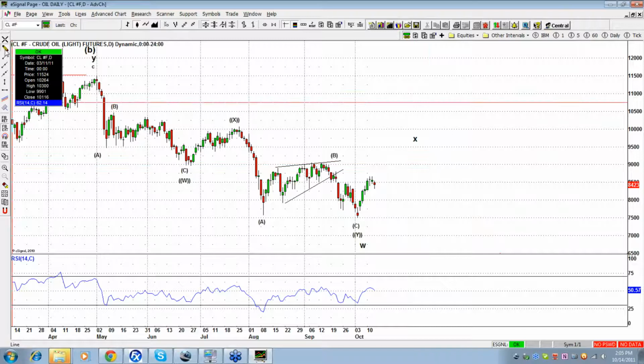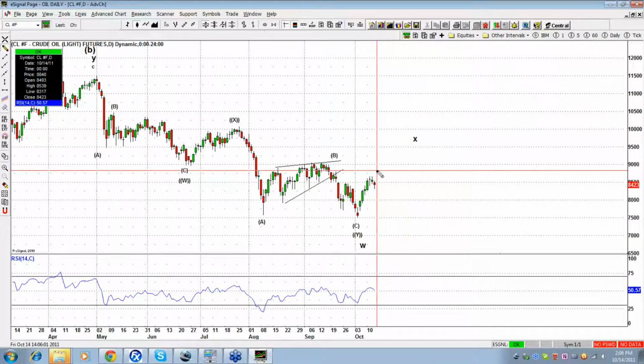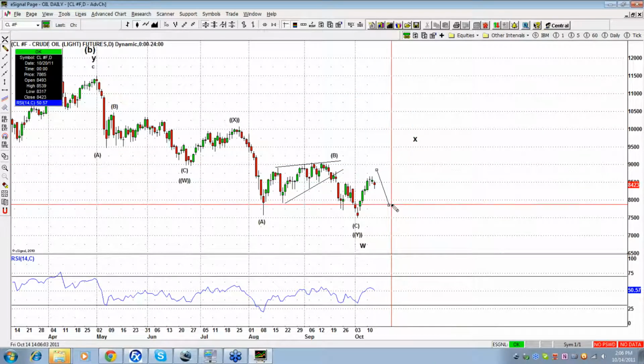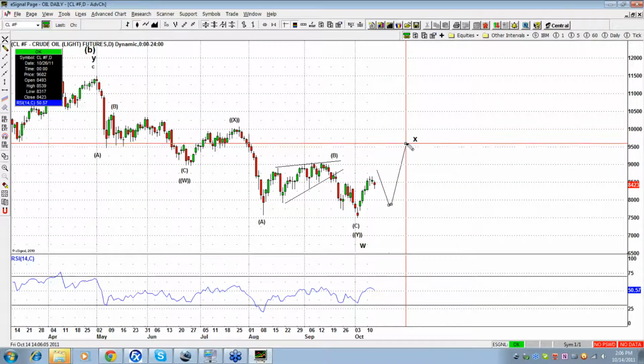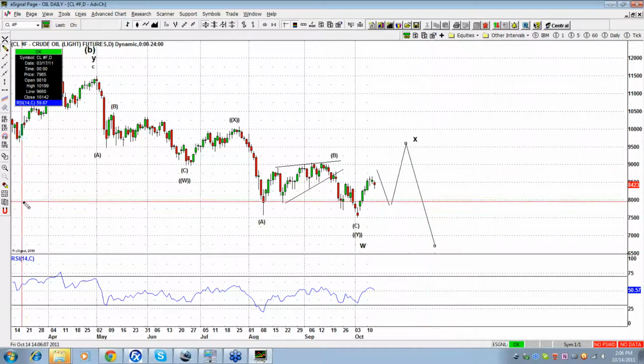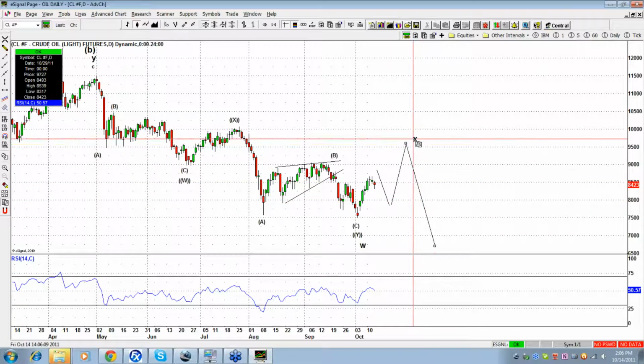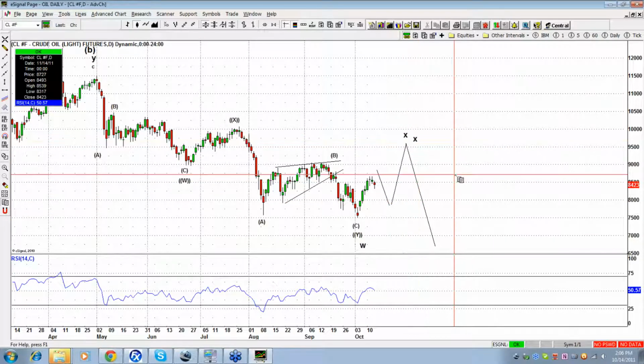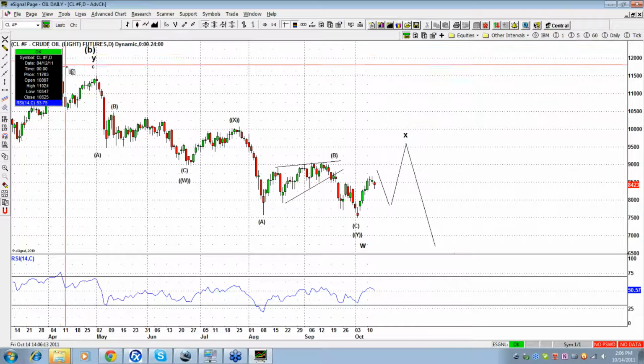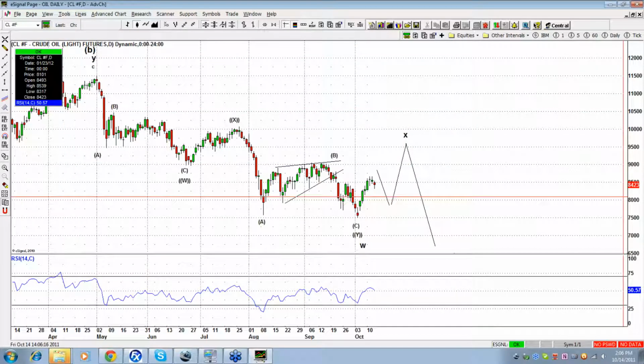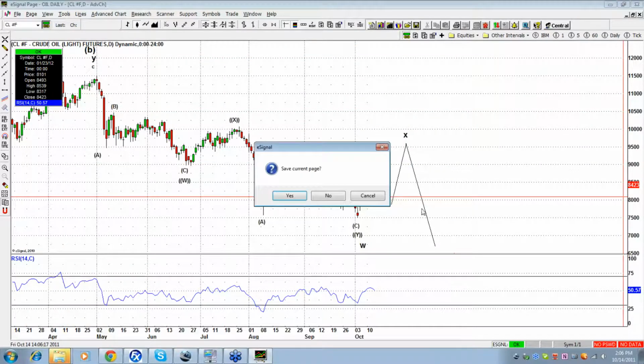I believe that oil is going to do this. It's going to test here, and then it's going to drop. And I'm bearish oil. I believe that oil is going to go to the $20 a barrel area.